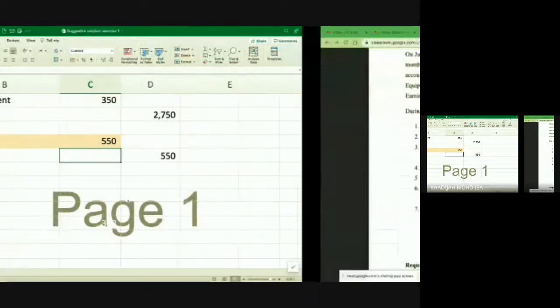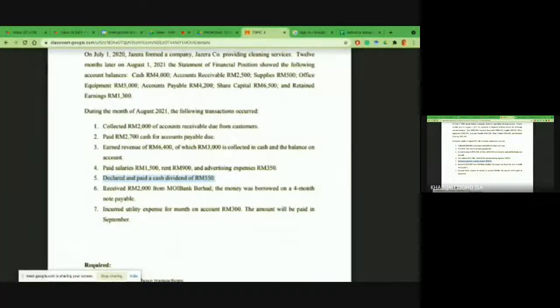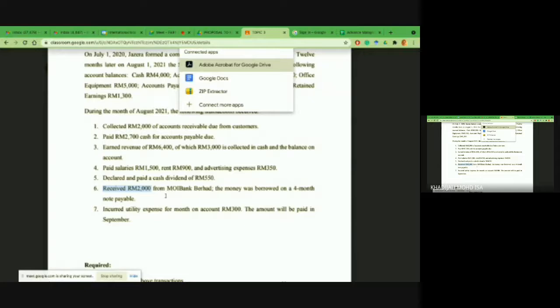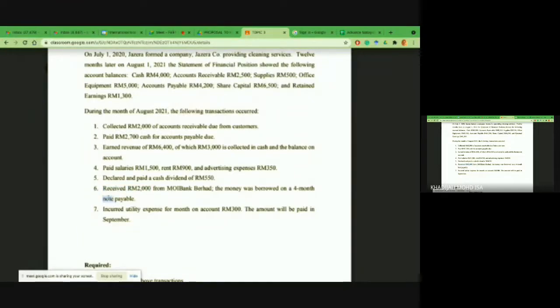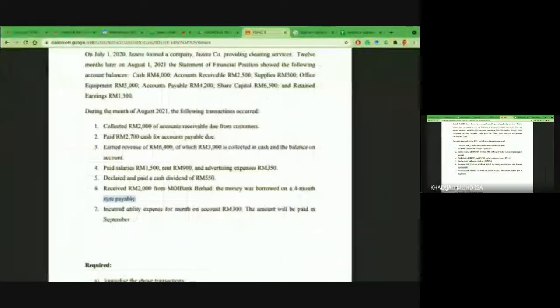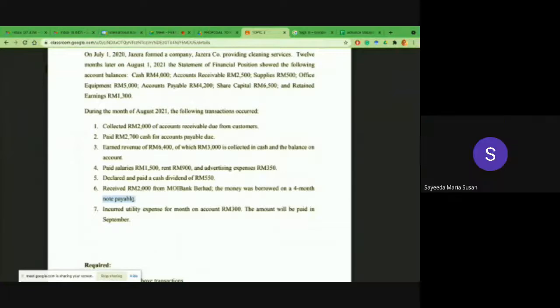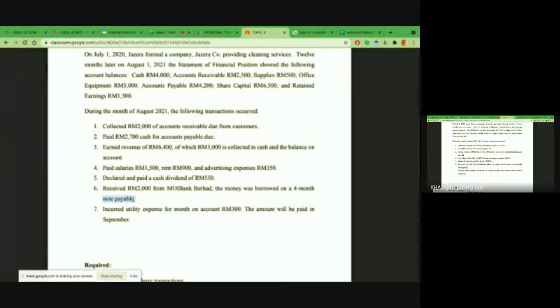Okay, right. Now you receive 2,000 from MOI bank, the money borrowed on a 4-month note payable. So in this case, it clearly mentions note payable. So when it's mentioned note payable, then you have to open note payable. So what will be the accounts involved? You receive 2,000 from the bank.